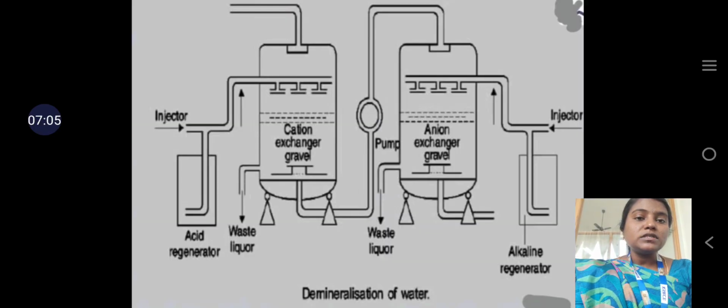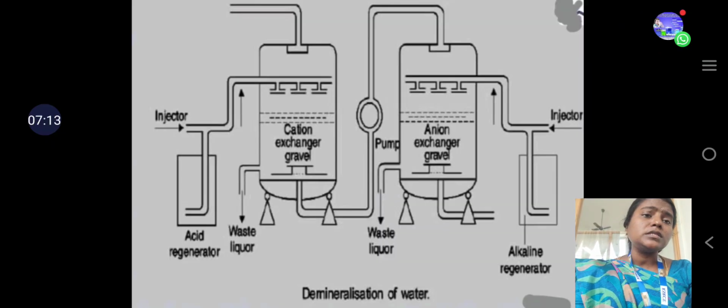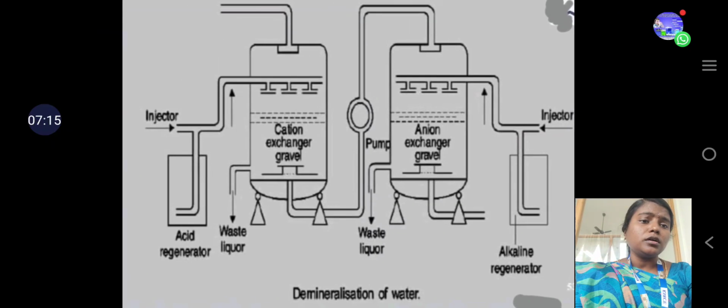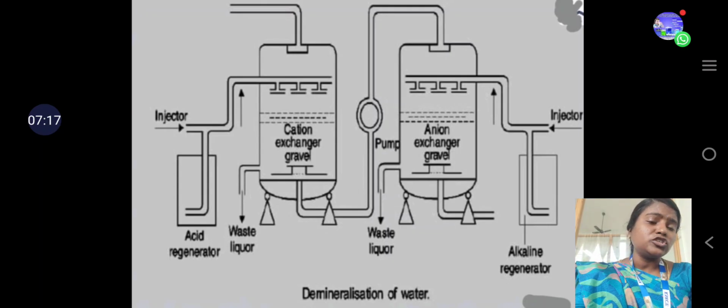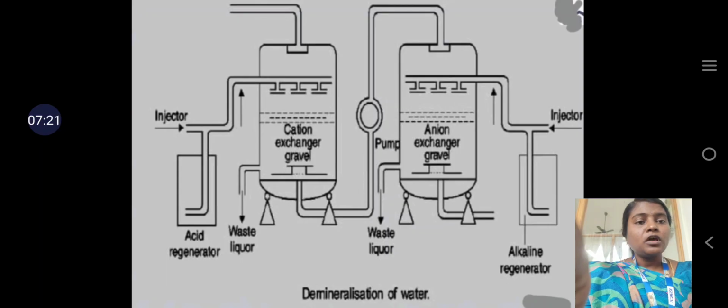By reversing the reaction, we can again get the cationic exchanger as an efficient one. As well as in this anionic exchanger, there is an alkali regenerator. This alkali regenerator will provide the anions to the anionic exchanger. Again this process will start with this reverse process.